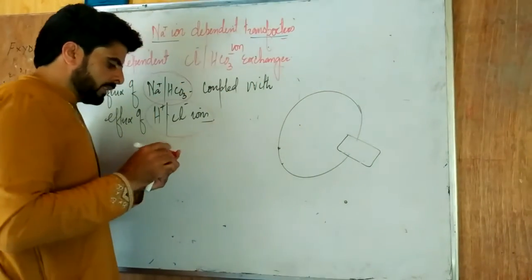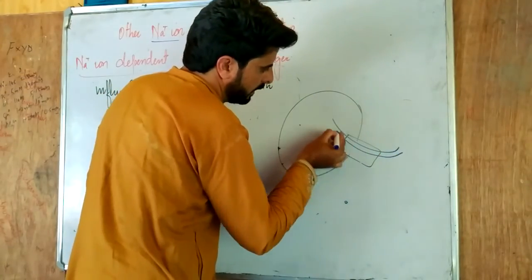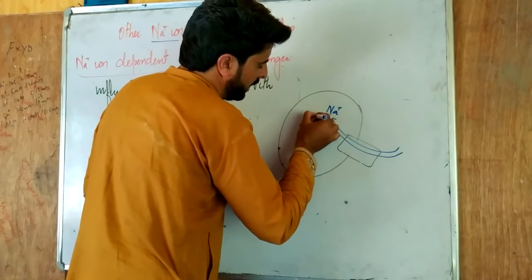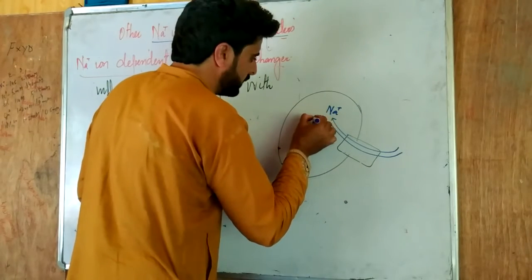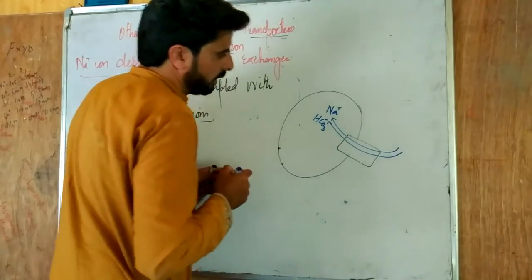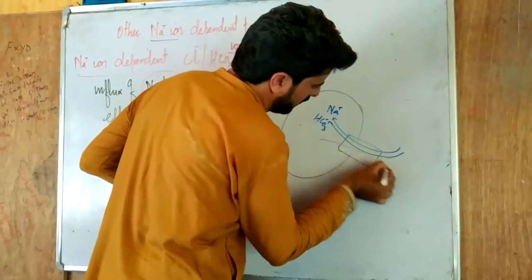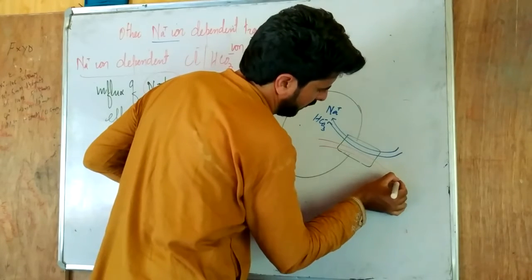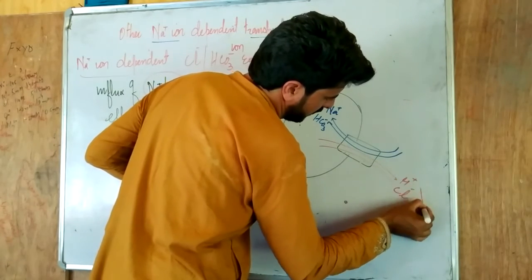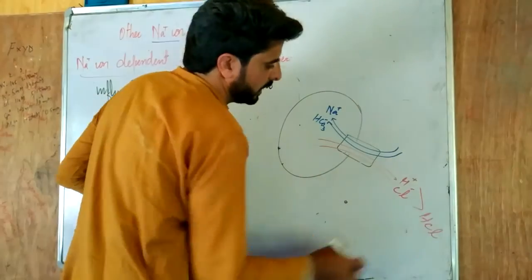So what it leads? It leads to influx of sodium ions and bicarbonate ions, that's HCO3 negative, coupled with efflux of hydrogen ions plus chlorine ions, which later lead to the formation of HCl, that is hydrochloric acid.